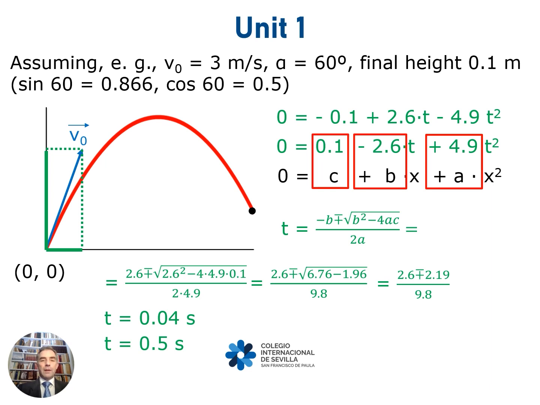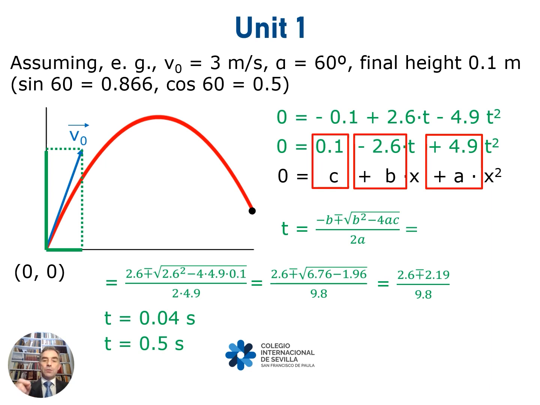Dr. Mathematics is telling us, if you launch a water drop at 60 degrees above the horizontal and 3 meters per second, it reaches the height 0.1 at 0.04 seconds and again at 0.5 seconds.